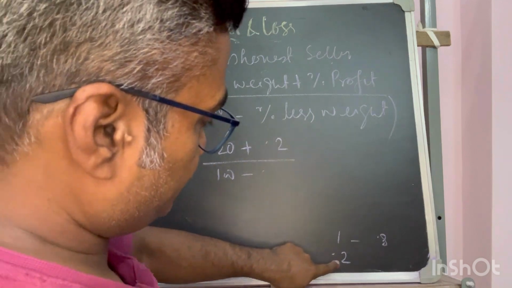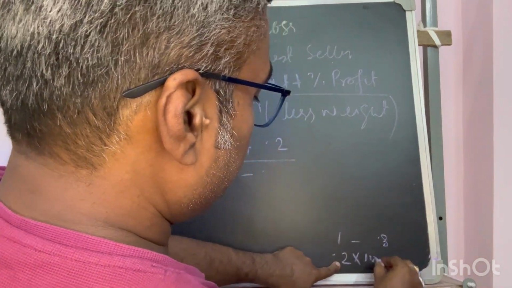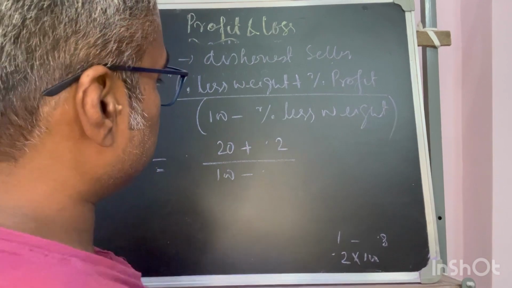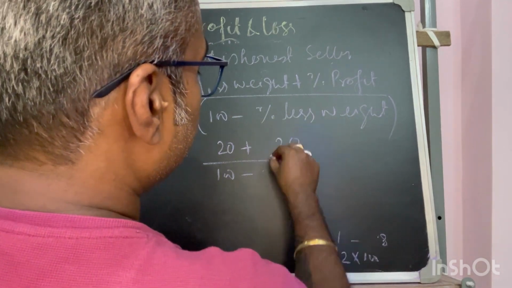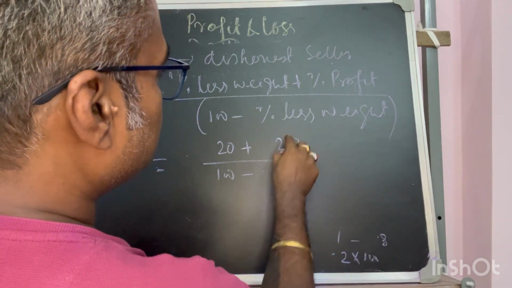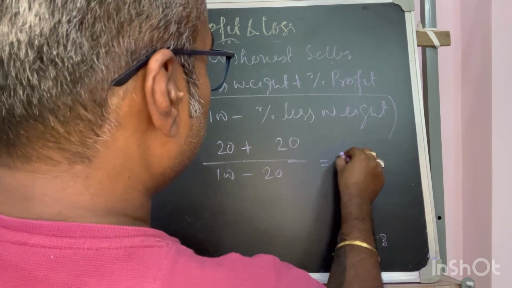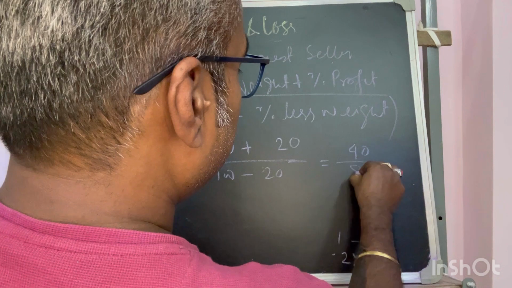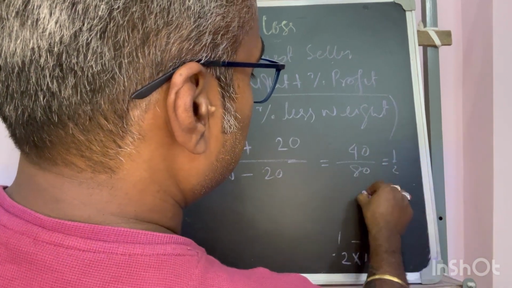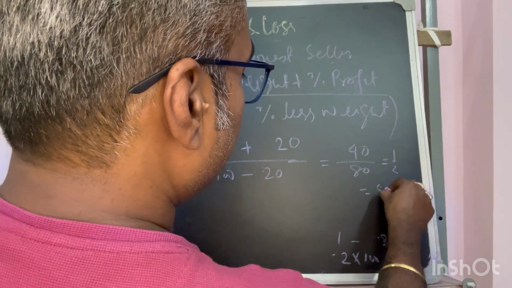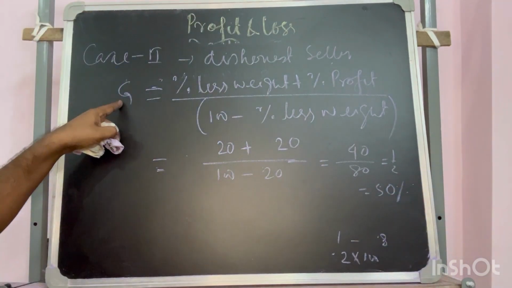So the gain will be 40 divided by 80, that is half, which is a 50% gain.